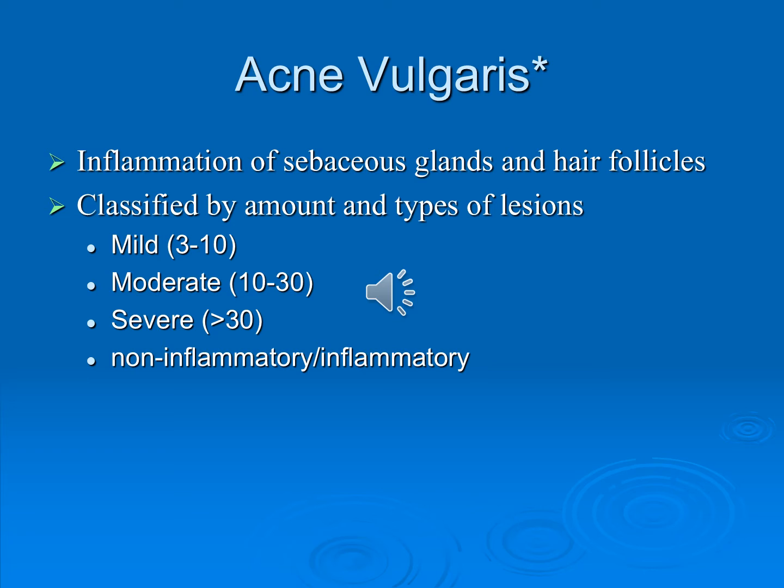It also breaks down based upon whether it is non-inflammatory or inflammatory acne vulgaris. Non-inflammatory usually includes cases where people get what they call blackheads or pimples, and inflammatory types usually involve cystonodules.